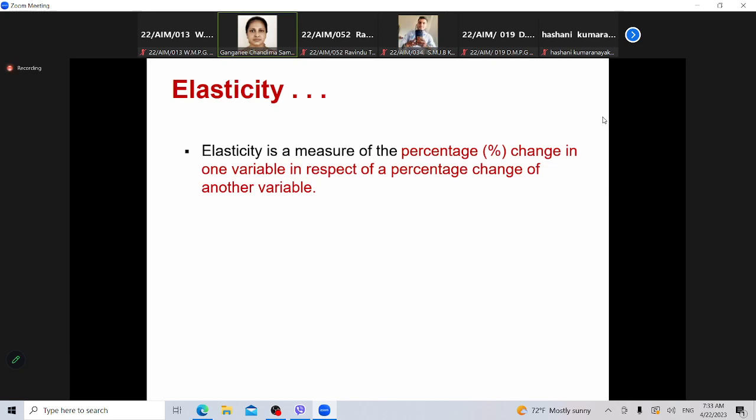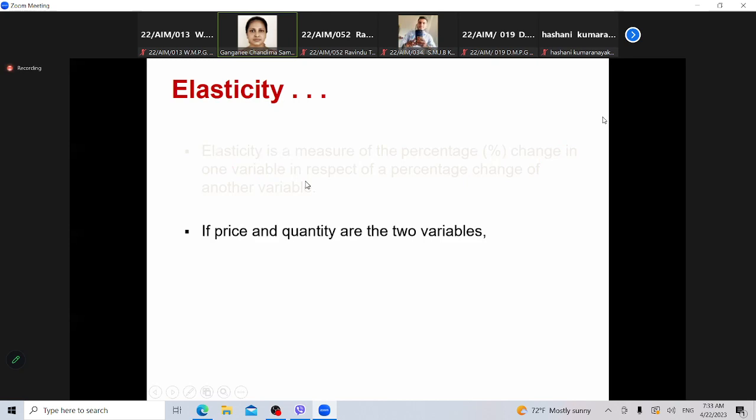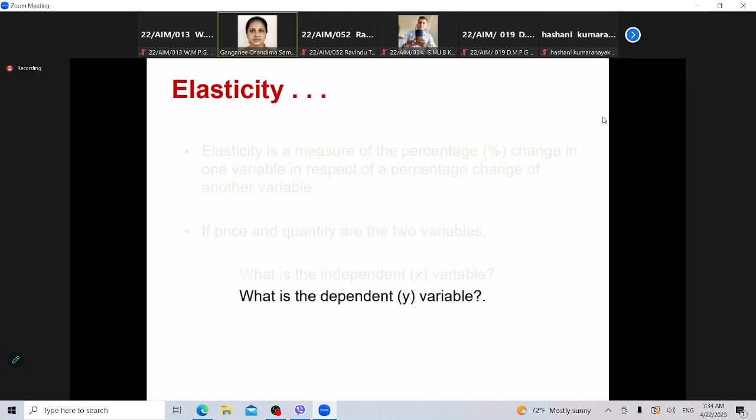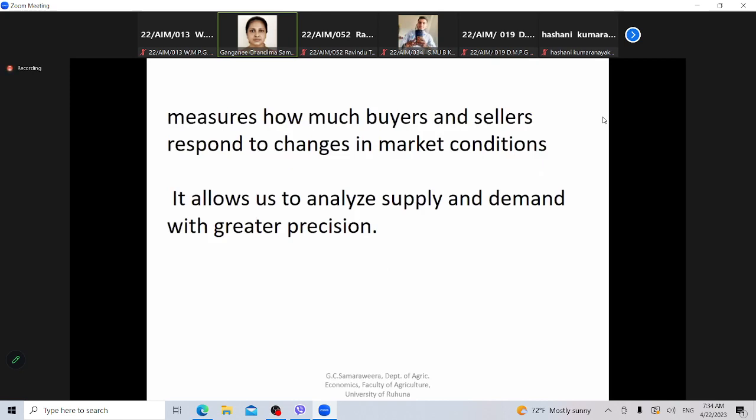It is the percentage change in one variable in response to percentage change in another variable. If price and quantity are the two variables, we understood independent and dependent variables, you may remember. So elasticity measures how much buyers and sellers respond to changes in market conditions.